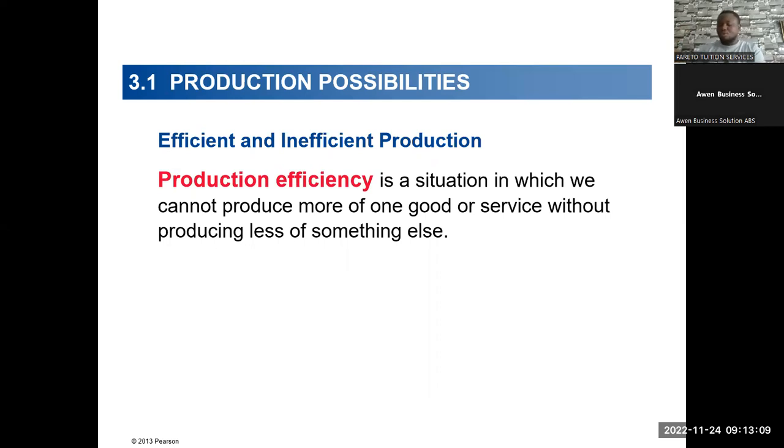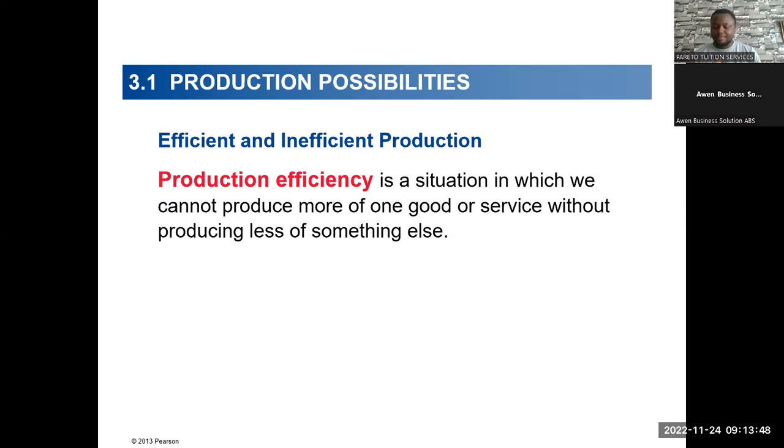So if you want to produce more cell phones and you have to sacrifice a unit of DVD, then it means that initially the point of production was efficient. Now, if we can produce more cell phones without sacrificing any unit of DVD, it means that the initial production wasn't efficient. So we have efficiency in production where by increasing the production of one good, you need to sacrifice another good, or you produce more of one, you have to produce less of the other.